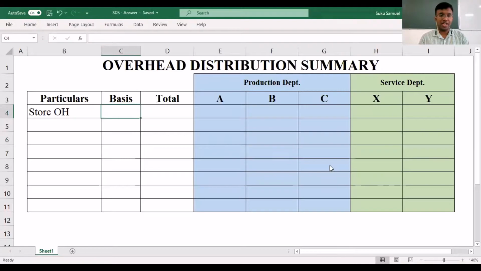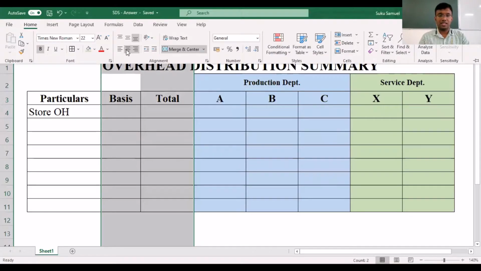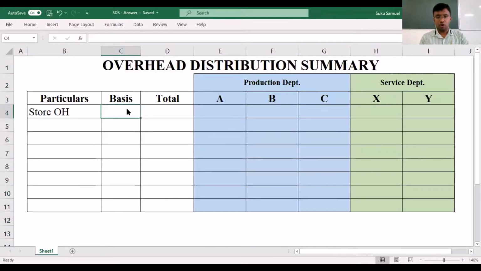But before you share your inputs, I want all of you to have a good understanding of the question. Please make sure that you read through the question properly, and then you come to a clear-cut understanding, because that is quite essential, because some of the items mentioned there can be quite confusing. What would be the basis for apportioning store overhead?